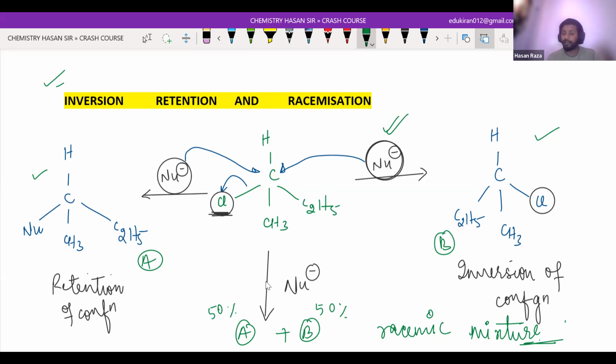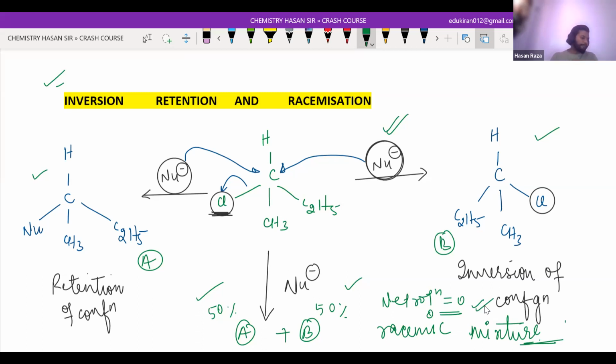But in SN1, you will get both. The net rotation will be 0, because you get both products in equal amounts: half the product rotates plane polarized light clockwise and half rotates it anti-clockwise. So both cancel, and net rotation will be 0. Is that clear?